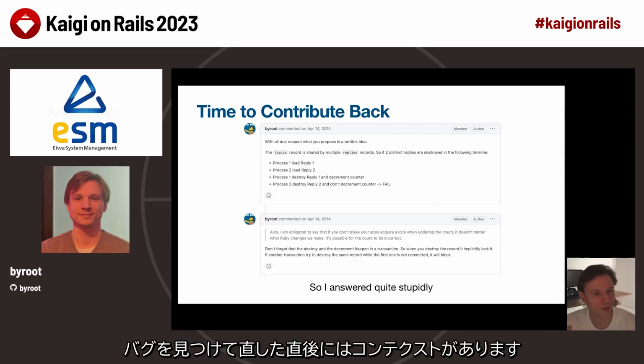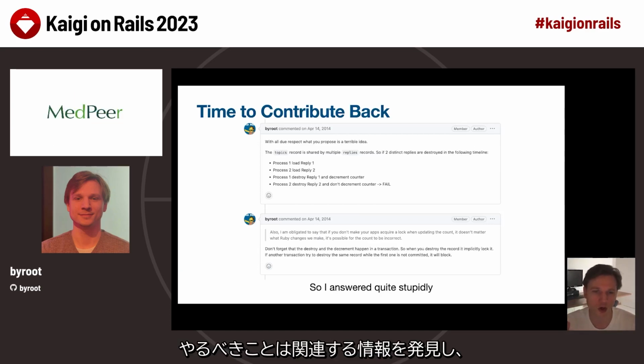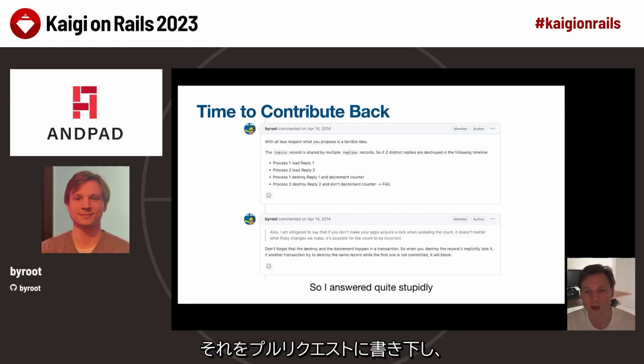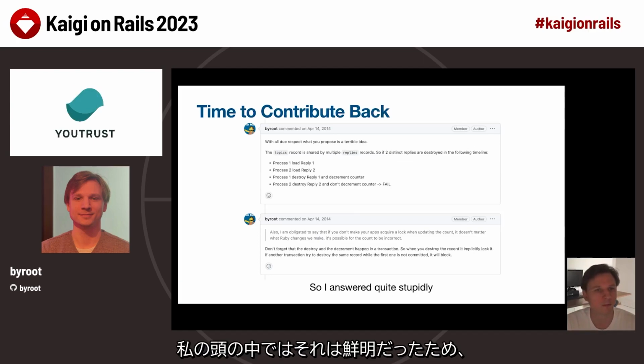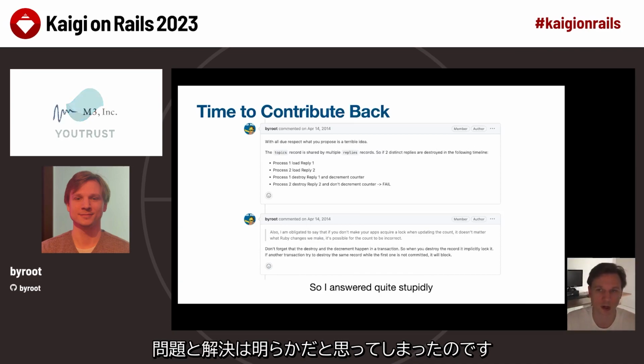So when you identify and fix the bug, you are already full of context, and the challenge is to identify the relevant information and write it down in the PR to share with the maintainer. I didn't do a great job of that. I just assumed that the problem and solution were obvious because it was so fresh in my head.